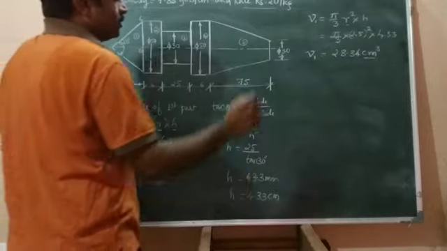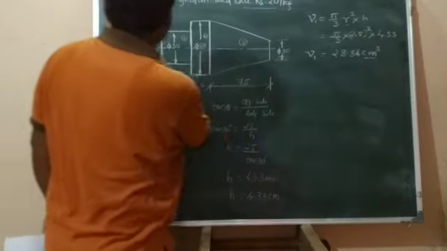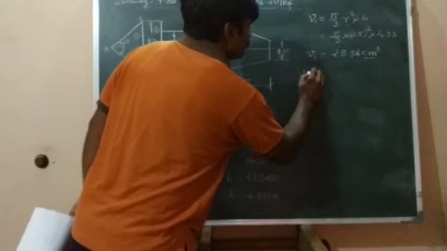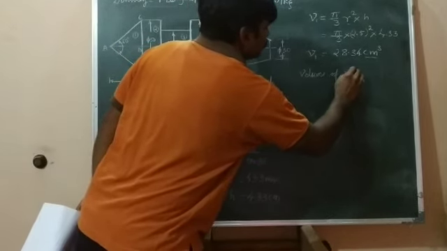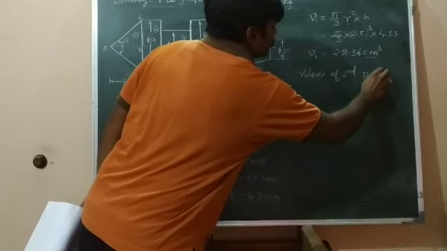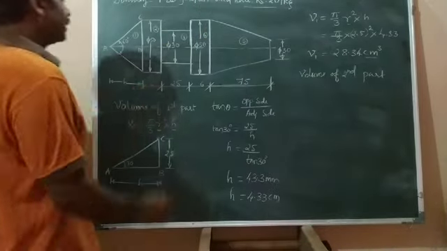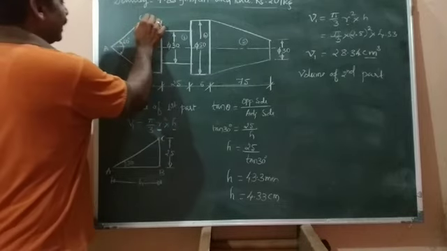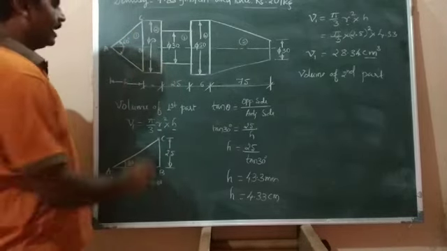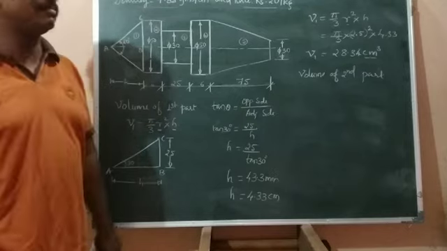Okay. Now let me come to the second part, the volume of the second part. If you observe the second part, it is just a solid cylinder having a diameter of 50 mm and a length of 6 millimeter.